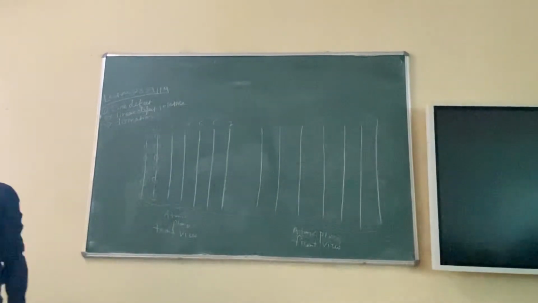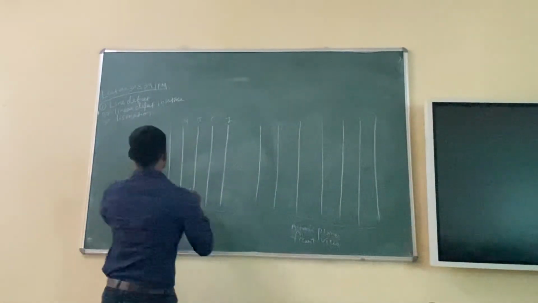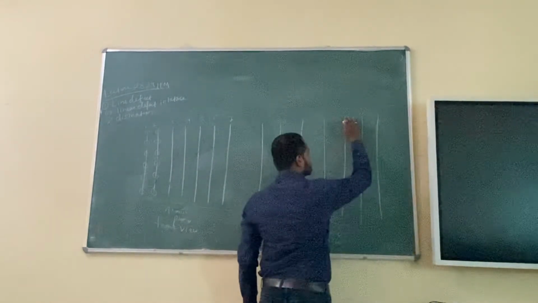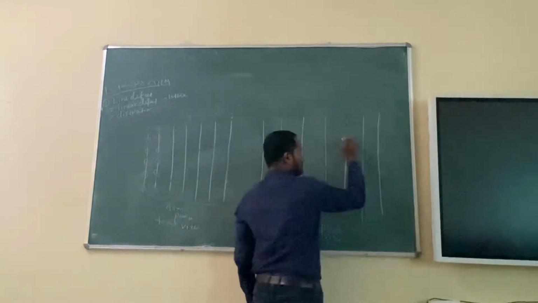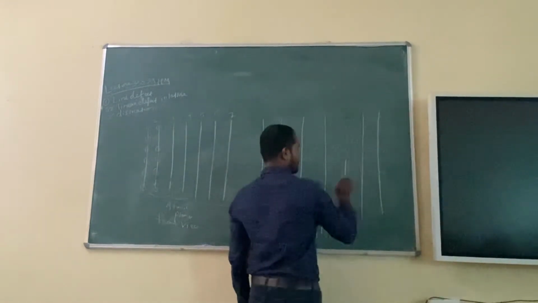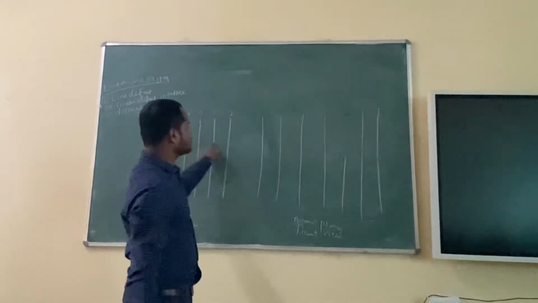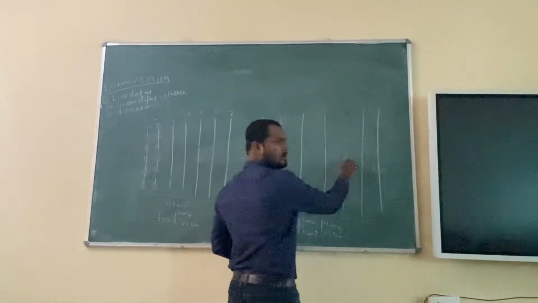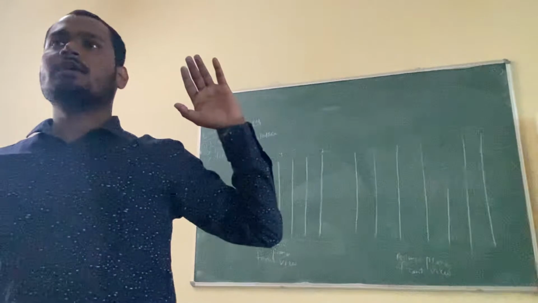But now a situation comes, suppose this is 1, 2, 3, 4, 5, 1. The situation comes when half of the atoms are now missing. Just have a look. In this particular plane, suppose 5, in this atomic plane, half of the atoms are now missing, right?